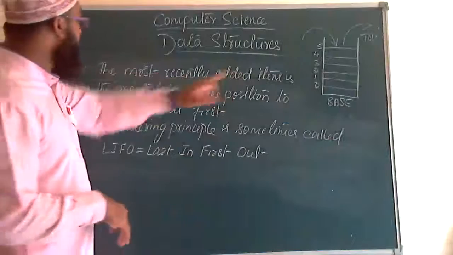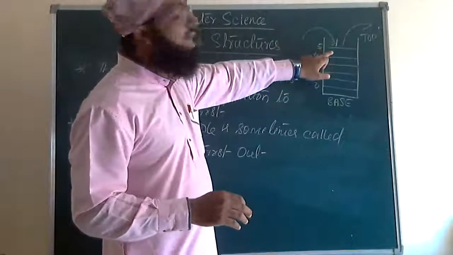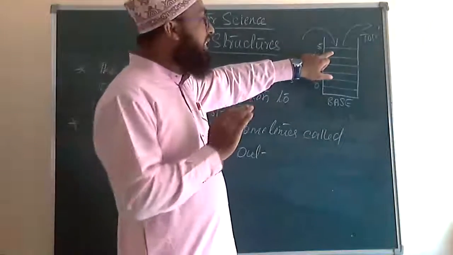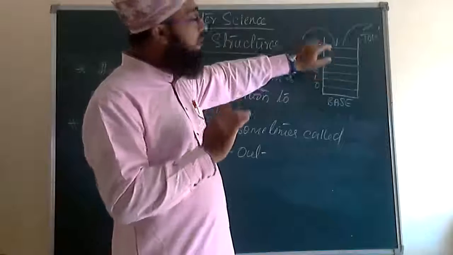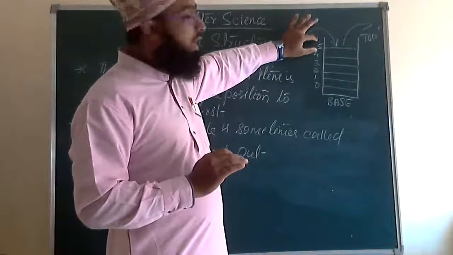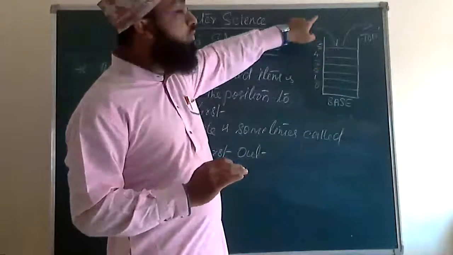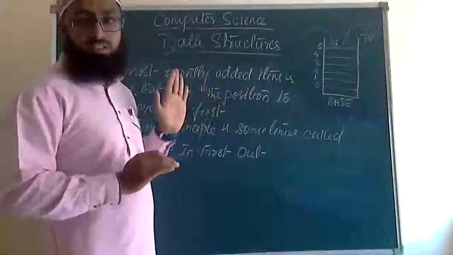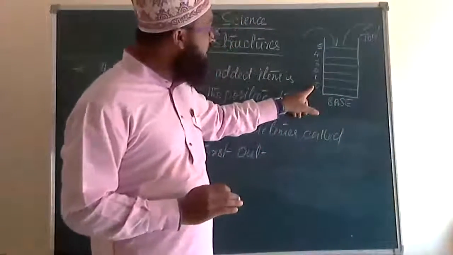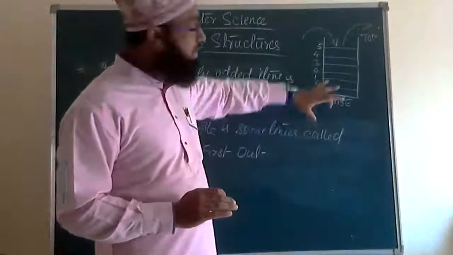Here, the most recently added item means the item which is inserted last. That item is in the first position, and only the last inserted item should be removed from the stack first. Because the base is closed here, the item which is inserted first cannot be removed first.